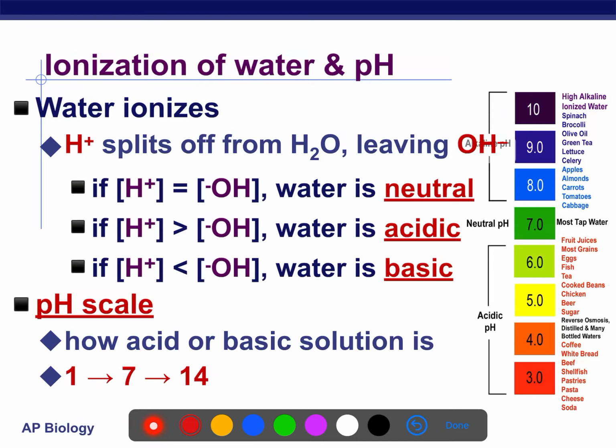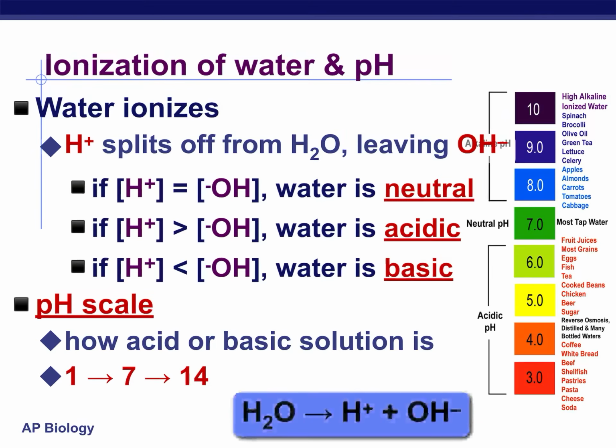If we have more hydrogen ions, then that's going to be acidic. If we have less hydrogen ions, then that is going to be a basic solution. And that gives us our pH scale. And so things that are low on a pH scale are going to be acidic, and those things that are high on a pH scale are going to be basic.